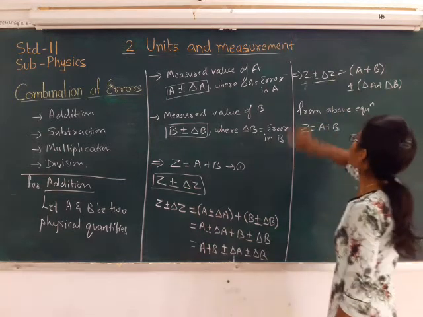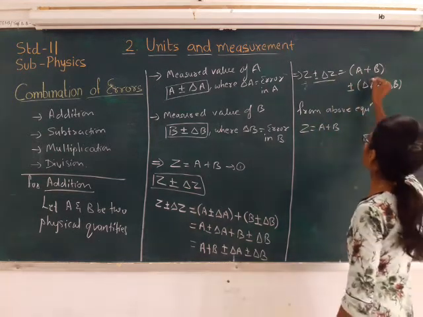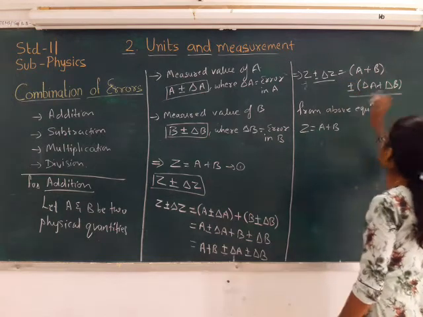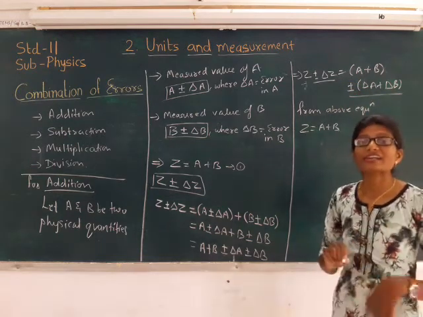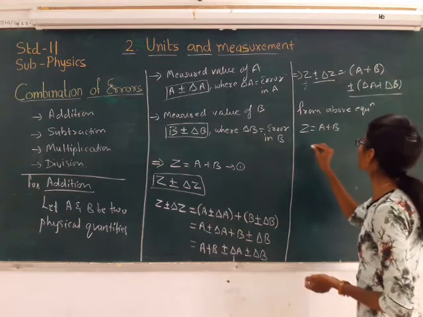And these plus minus delta Z, and plus minus delta A plus delta B, that represents what? That represents error.